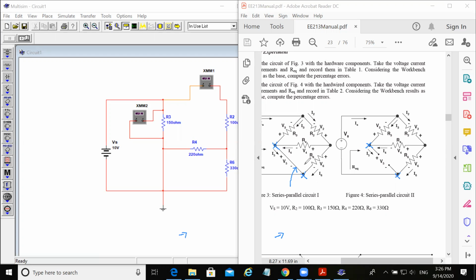So you have to look carefully at the circuit and learn how to find these currents and voltages using a multimeter. You cannot just say that since these two nodes are connected together, V5 will be 0. This is valid, definitely, and this is correct. But the purpose of having these kinds of circuits in the lab is to learn the right way of using Multisim in these situations.